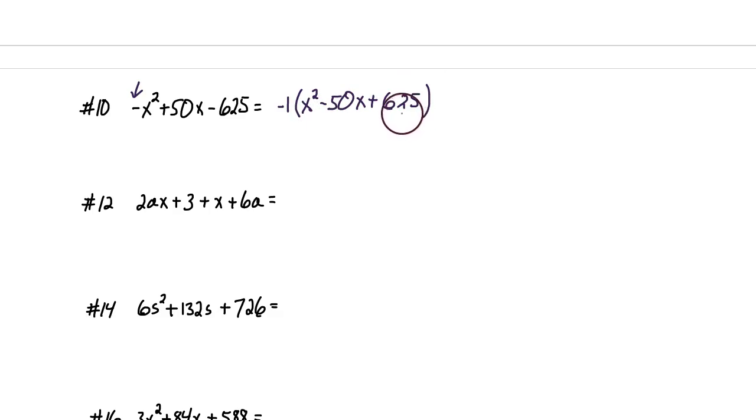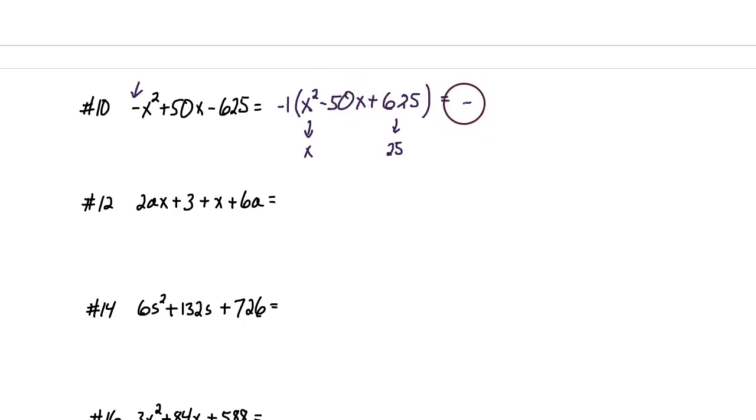Well, it's a trinomial, so what we're looking for is, is it a perfect square trinomial? Can you take the square root of x squared? Yup, you get x. Can you take the square root of 625? Yeah, you get 25. Is the middle term twice the product of these? And it is, because x times 25 is 25x, and twice that is 50x.